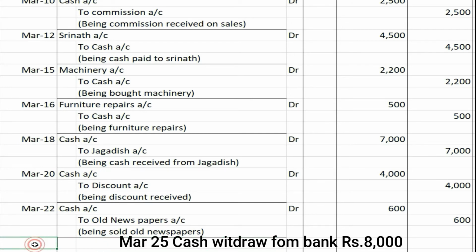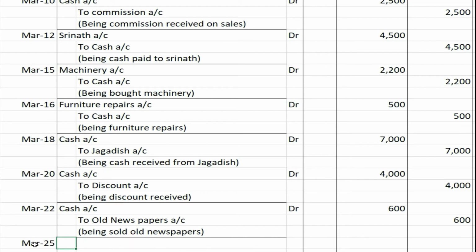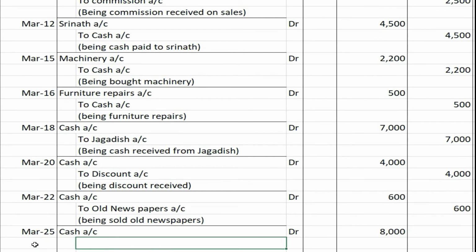Next transaction, March 25th, cash withdrawn from bank rupees 8,000. That means cash is coming debit while bank is giving credit. So entry is cash account debit, 8,000 in the debit column. Bank is giving credit, to bank directly in the credit column 8,000.